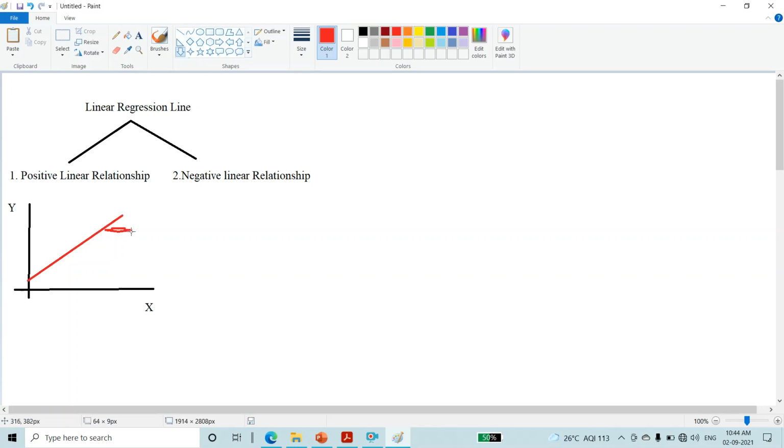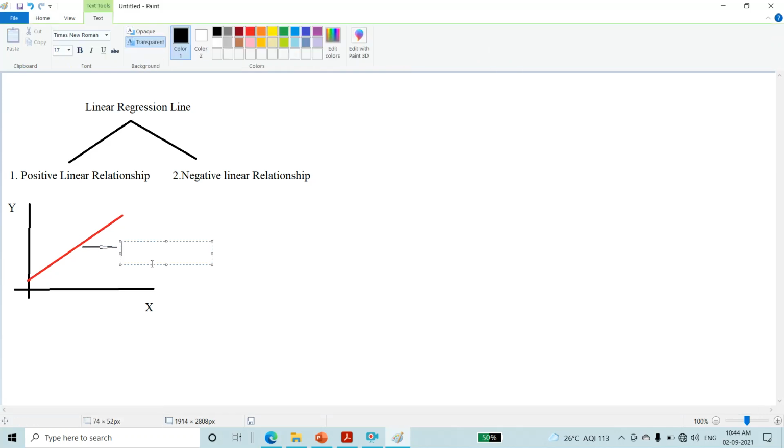So this line is what? Our positive linear regression. So this line is called a positive linear regression.